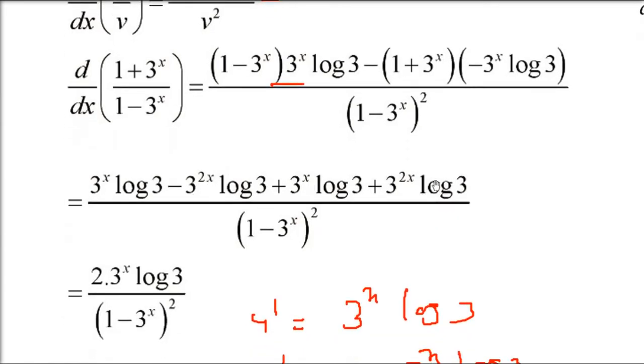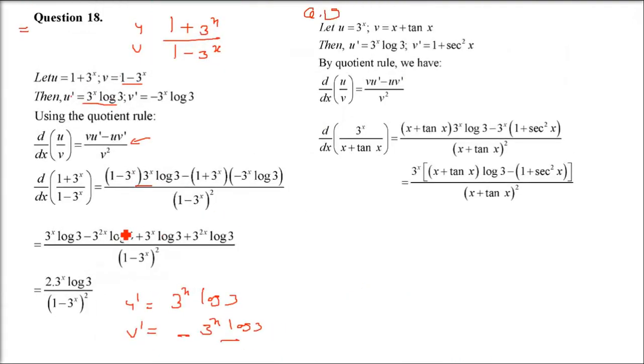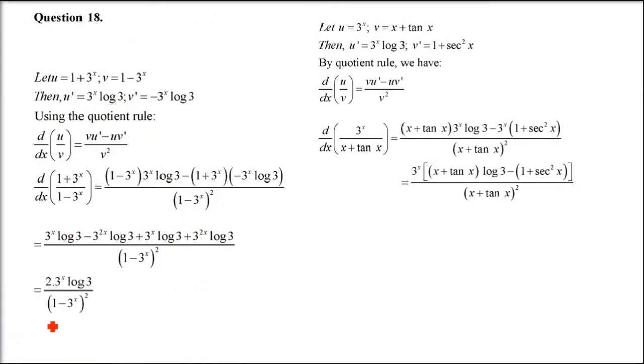Now you see these two terms get cancelled. So 3 raised x log 3 and 3 raised x log 3 will be 2 times 3 raised x log 3. And the denominator we have 1 minus 3 raised x whole square, same as the previous one. This is question number 18.